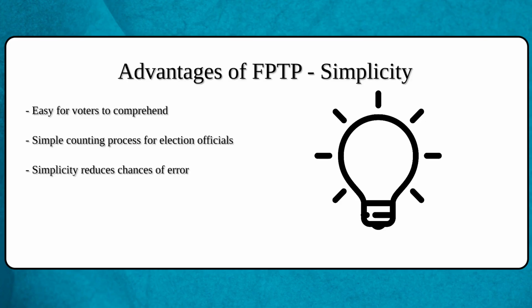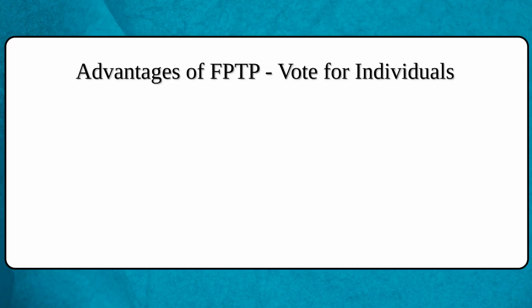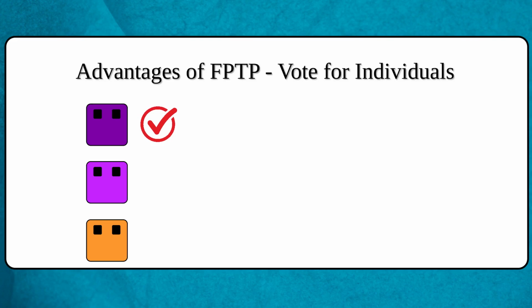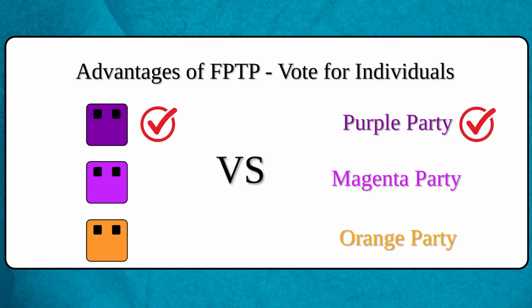Therefore, if simplicity and ease of use is an important factor for a country or locality in deciding which electoral system to use, first past the post is likely to be one of the better options. Another advantage of first past the post is that it allows voters to vote for an individual candidate rather than just for a certain political party as a whole.